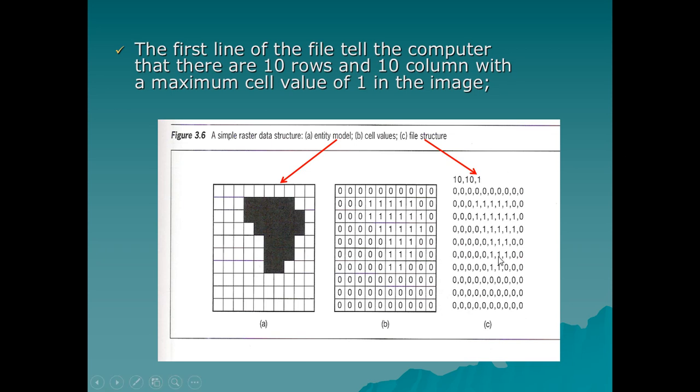So we actually have binary coding going on here. Again, this here should be a mirror representation of what you are seeing here. The only difference is now this would be represented as a text file, and each value is separated by a comma. So this is how it would be stored in the computer, so that the computer can understand the spatial relationships and the spatial organizations of the features, where it can reconstruct this representation on your computer screen to represent your features as a raster data layer.